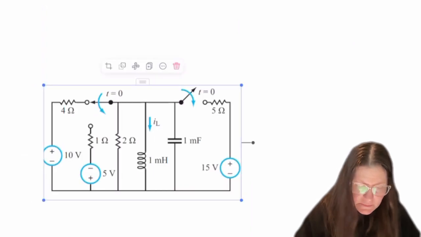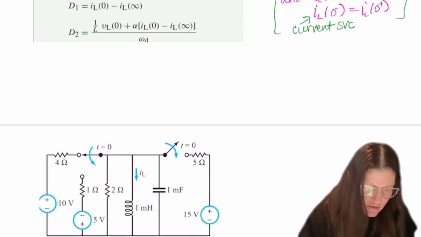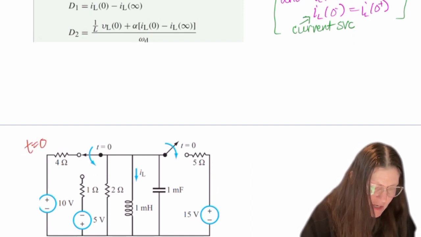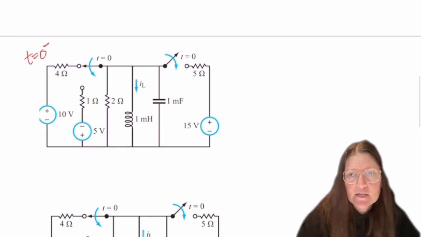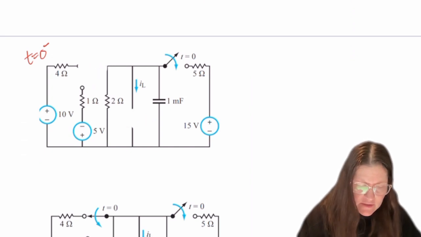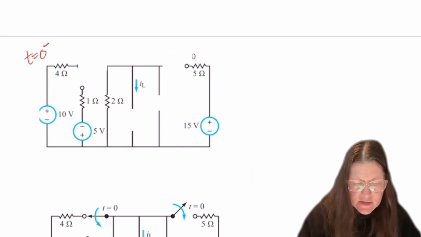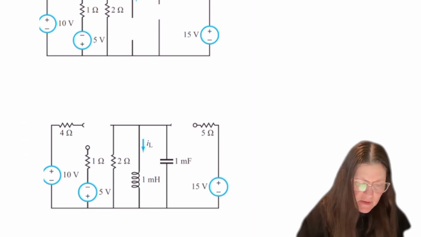So let's start with the initial. At 0 minus, again, we're just looking for VC and IL. So we are going to redraw the circuit, leave out the switches, leave out the inductor, leave out the capacitor, and then we'll determine what each of those positions will be.